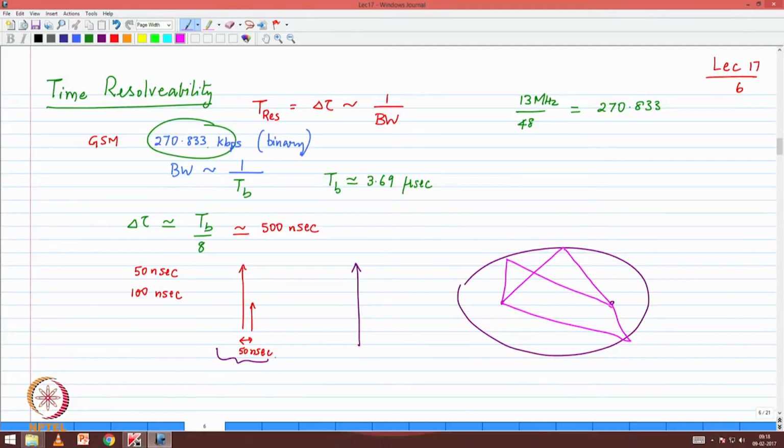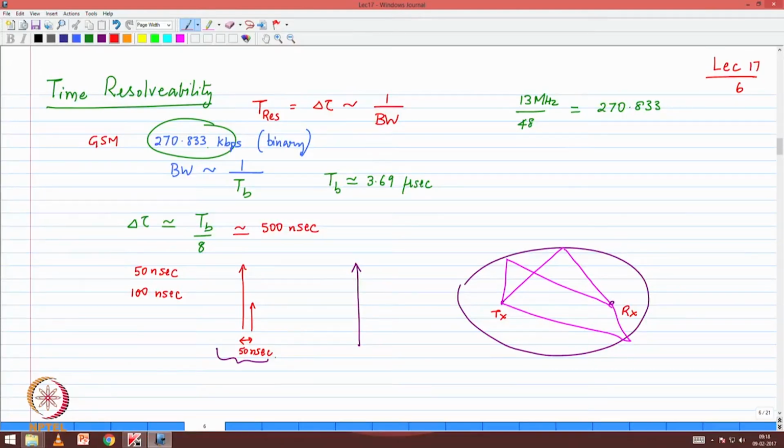Anything which makes a single bounce off an ellipse will reach at the same time. So let's simplify matters and look at those paths which arrive with a single bounce. If I ask which paths will arrive at the same time, you will tell me: this is the transmit antenna, this is the RX antenna, and between the two you draw an imaginary ellipse, and whichever object bounces the signal and is situated on the ellipse.